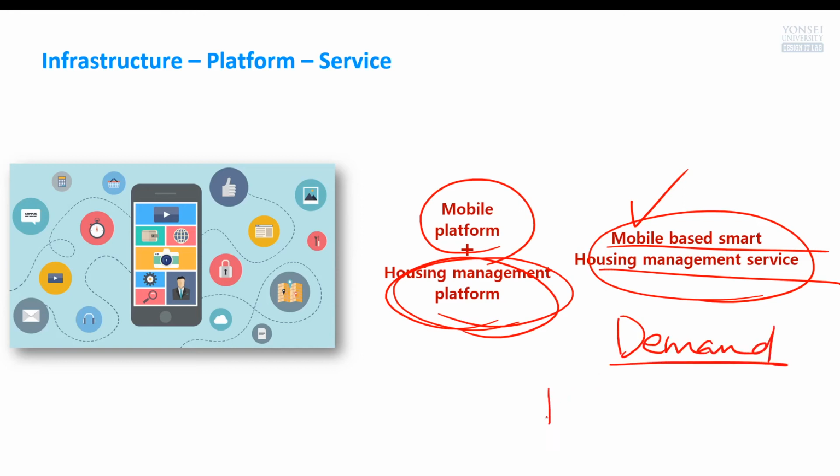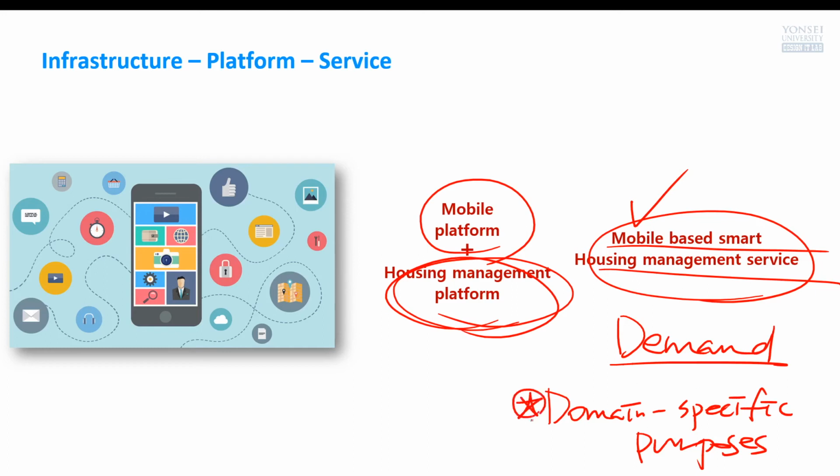In other words, domain-specific purposes, or domain-specific demand, domain-specific needs, okay? We need to figure out this one exactly, something new or something necessary at first, and then we can try to develop something.